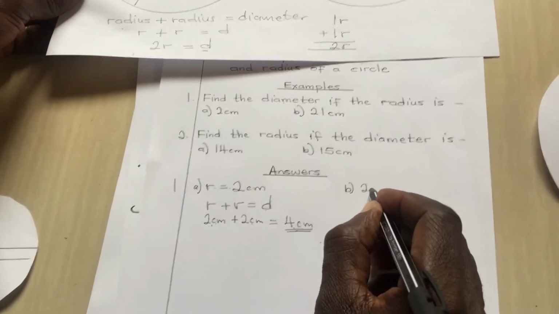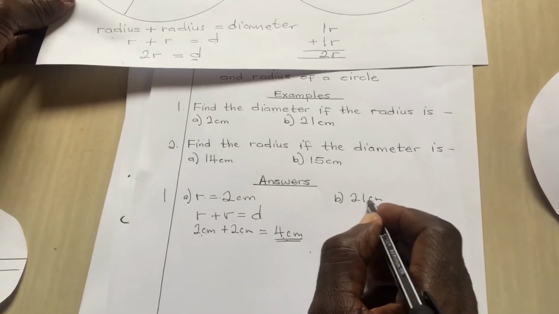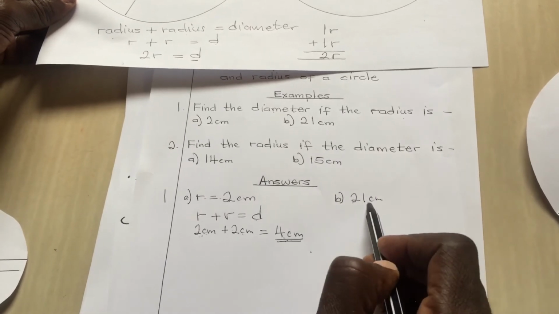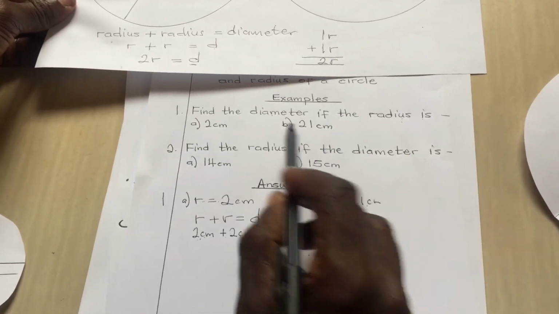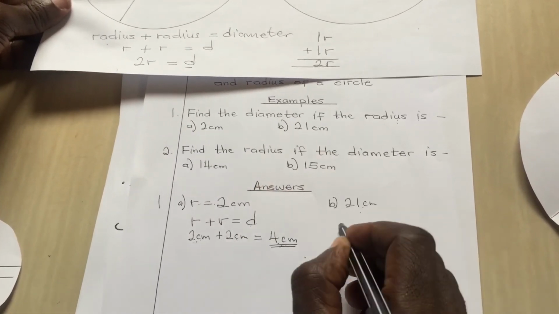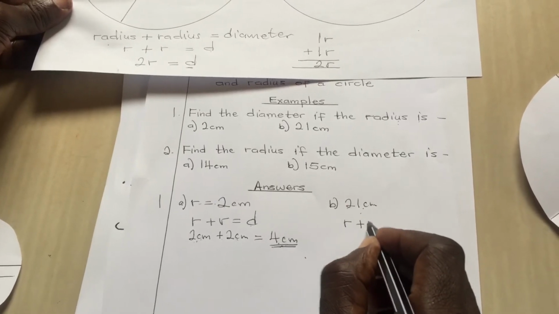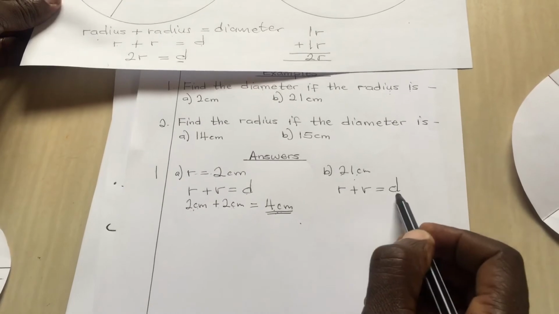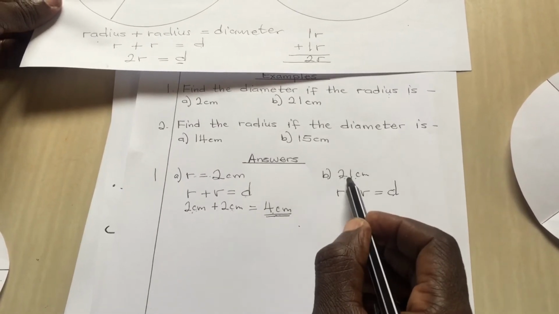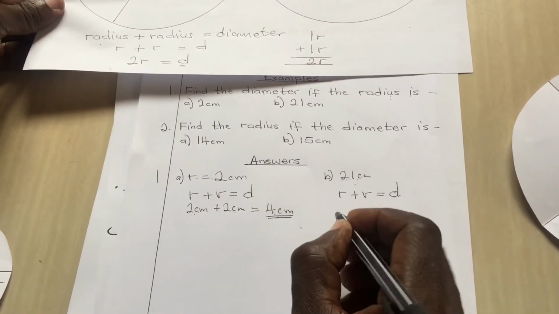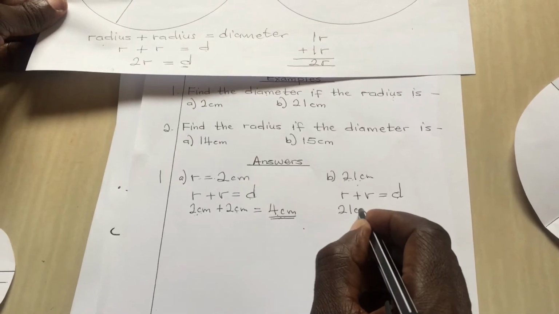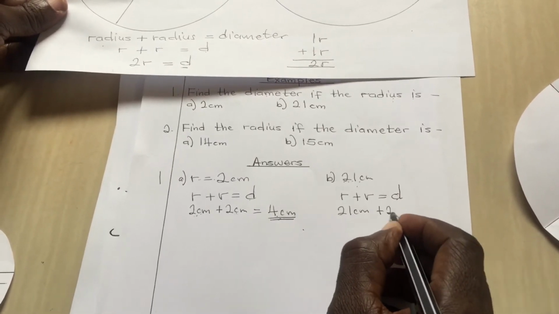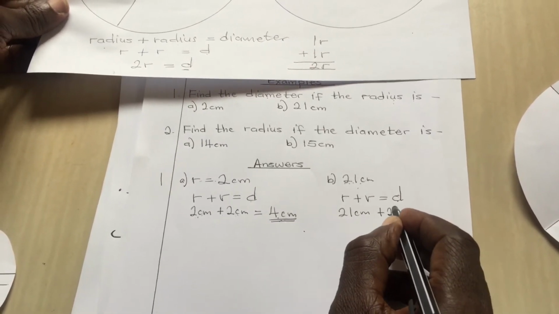B, 21 centimeters. If radius is 21, we want to find the diameter. Radius plus radius is equal to diameter. We are told radius is 21, so it will be 21 centimeters plus 21 centimeters.